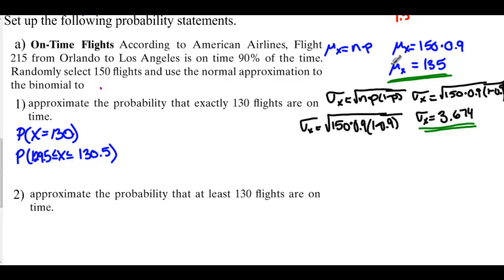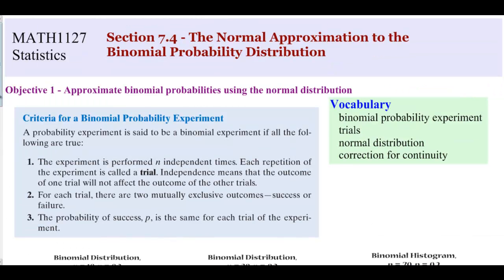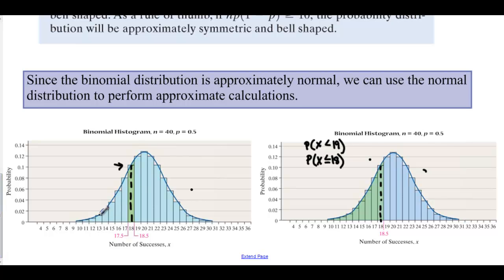Why are we doing all this stuff? Okay, so the binomial experiment is going to have whole numbers. If we do a binomial experiment, the results are these little bars. Well, instead of us having to go through and recalculate every single thing here, we can use the normal curve to approximate it. So we'll just get kind of close using the normal curve.